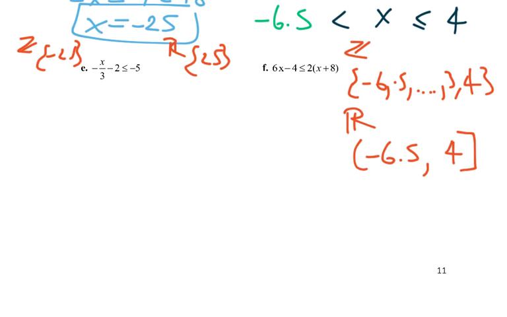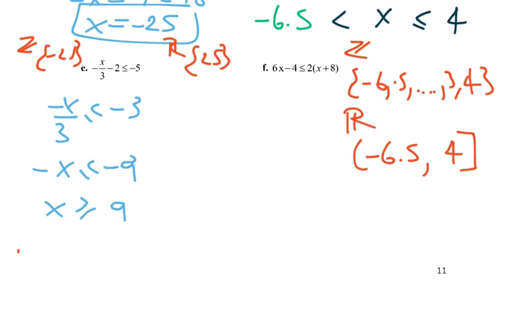Question E then, we're going to add 2 to both sides, so minus x over 3 is less than or equal to minus 3. Multiply by 3, minus 9, and then divide by minus 1, x is at least positive 9, and we swap our sign around.